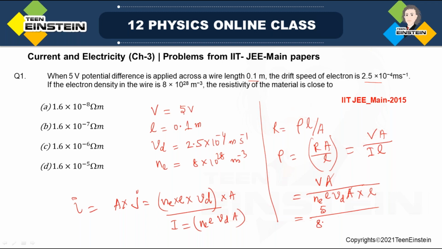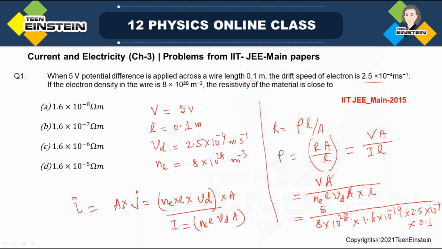Ne is given as 8 into 10 to the power 28 per meter cube. Charge of electron is 1.6 into 10 to the power minus 19 coulomb. Drift velocity is given as 2.5 into 10 to the power minus 4, and one more I have to multiply in the denominator, that is 0.1 meter.